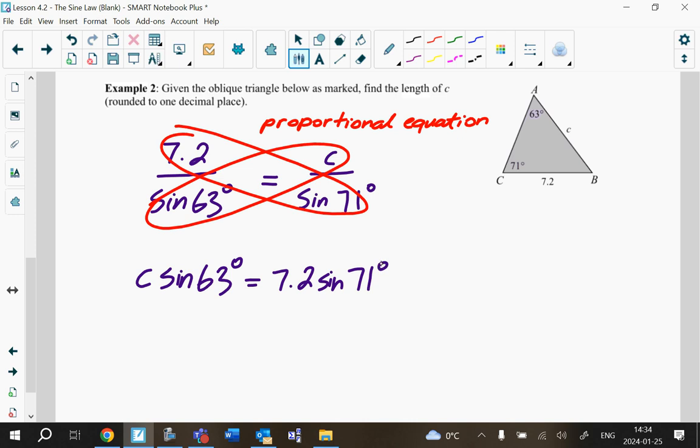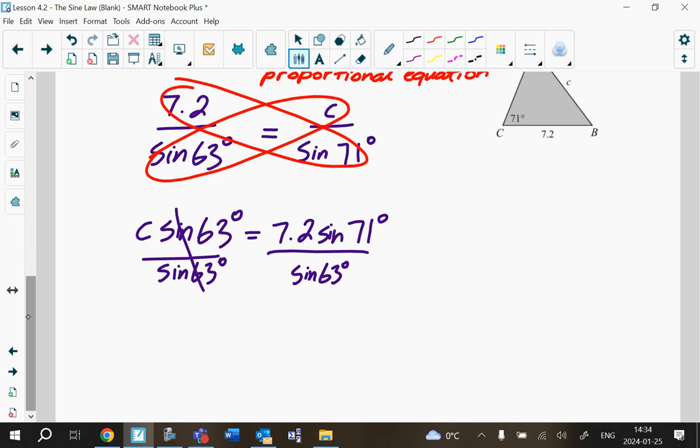I still don't have C by itself. What's the last thing I got to do to get C by itself? Divide by sine 63, both sides. So therefore, C is going to be this.